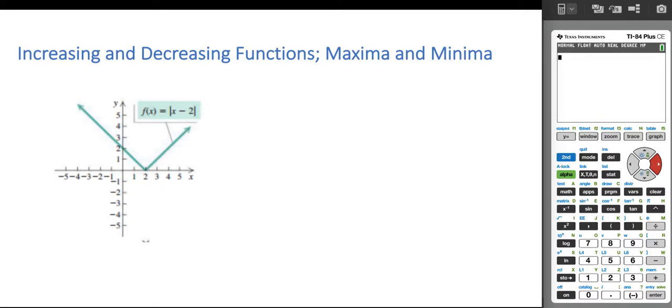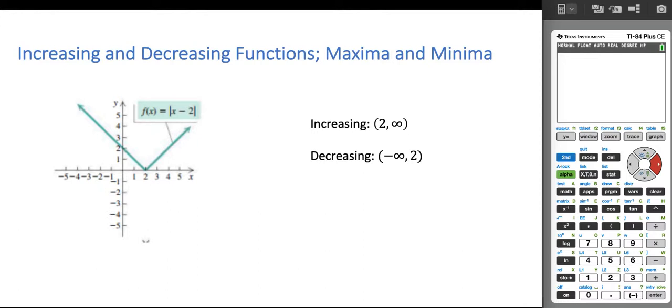Look at another example. Here's a graph of an absolute value function. You try to identify when this function is increasing and decreasing. So this function is increasing from when x is 2 until infinity, and decreasing from -infinity until 2. I've got to stress again, look at those x values.